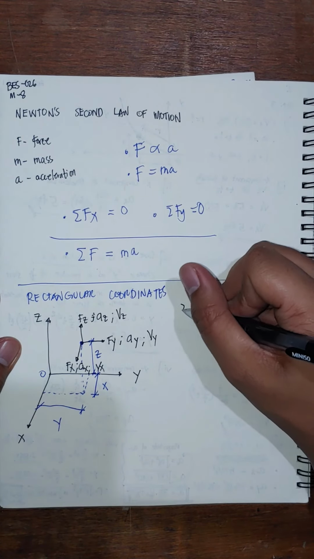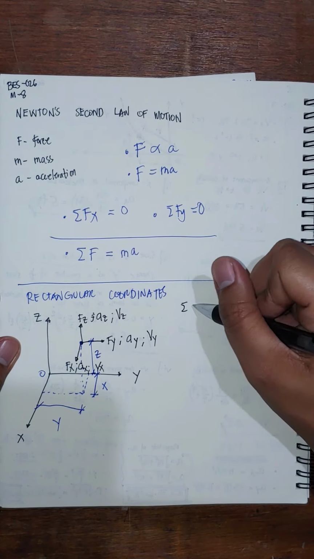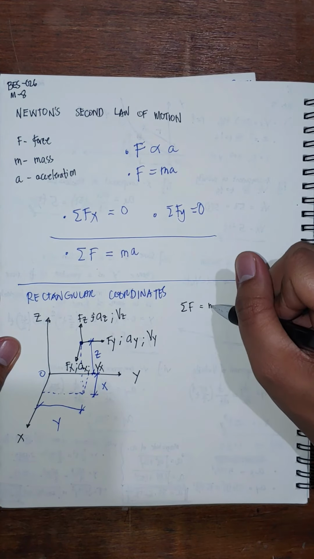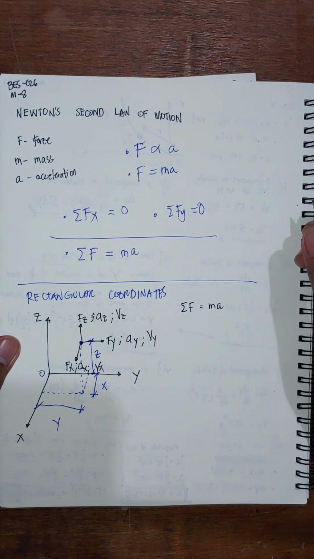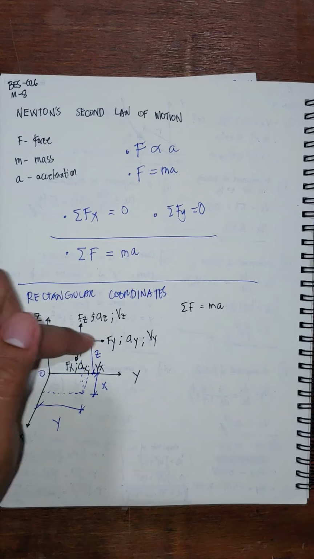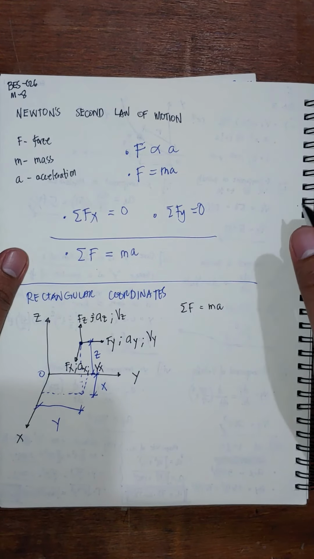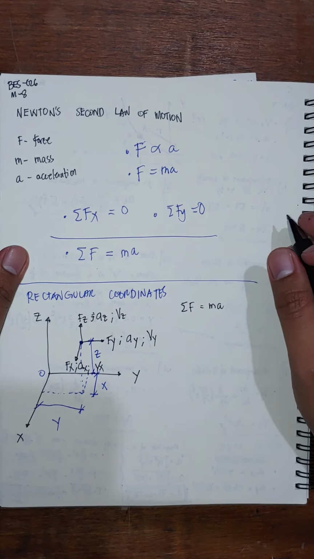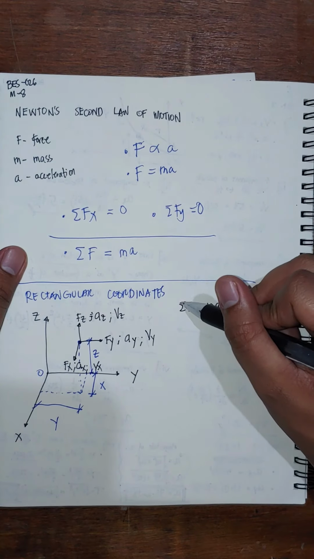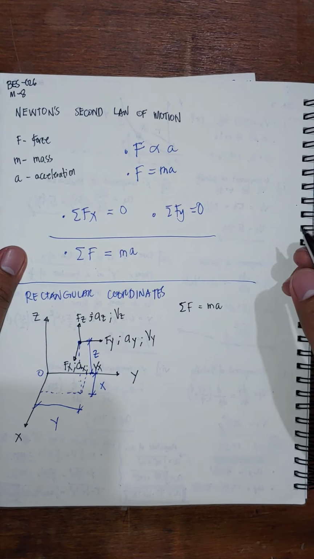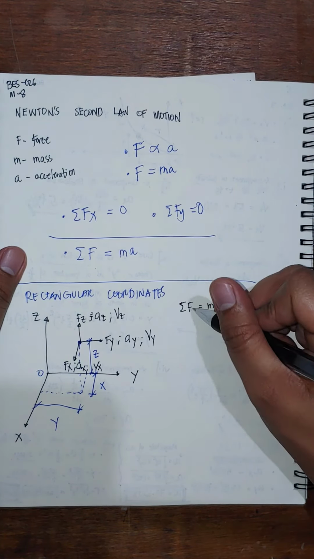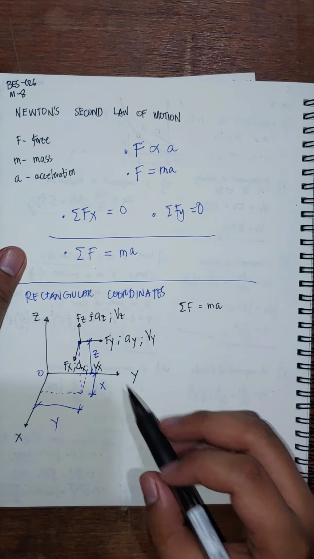So in engineering, we denote that the summation of forces is equal to the mass times acceleration, right? And since we have three coordinates, we can have a vector quantity for the force. So the forces have x, y, and z components.